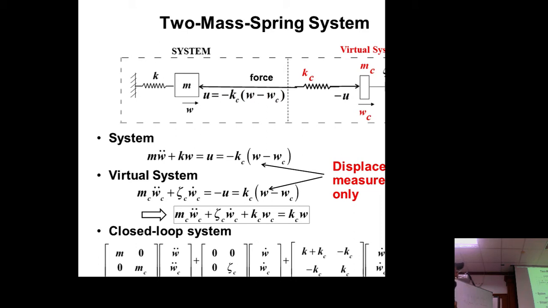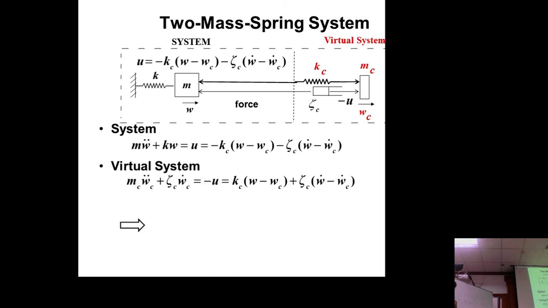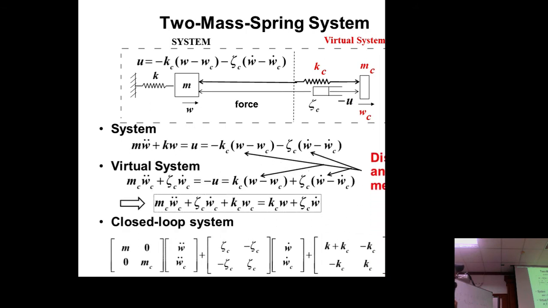All right, so if you move this device from the right-hand side, where it touches the ground, to the left-hand side, then you need one more measurement. That's the velocity measurement. And for that, you also have this coupling in W dot. You have this coupling in W. So this is not W dot, it's W. Any questions?